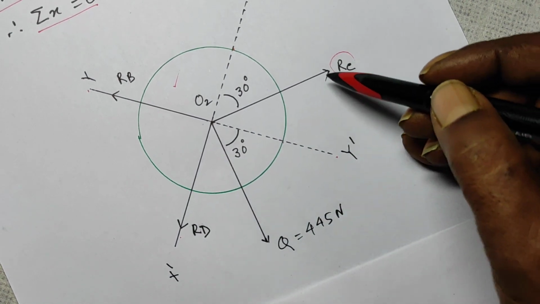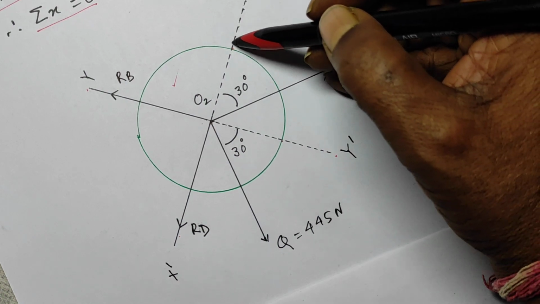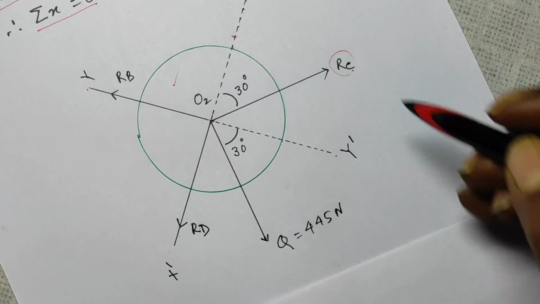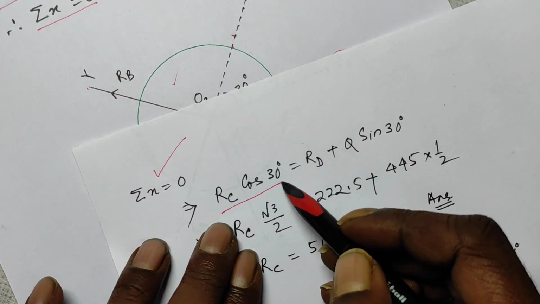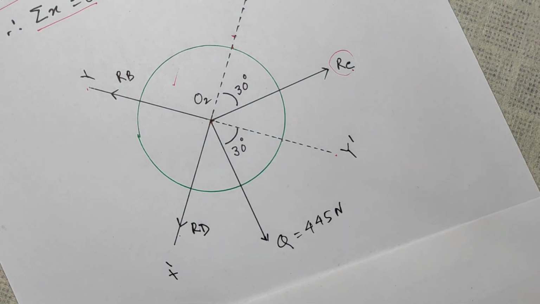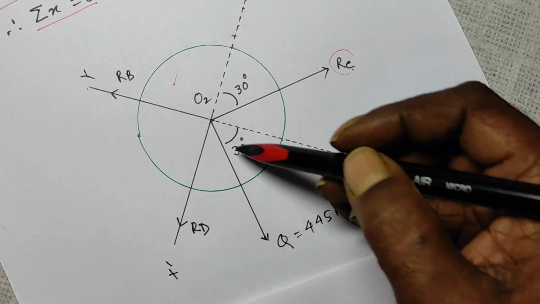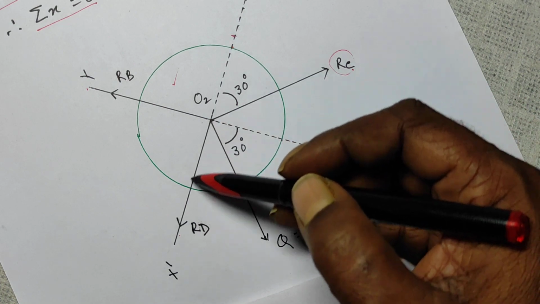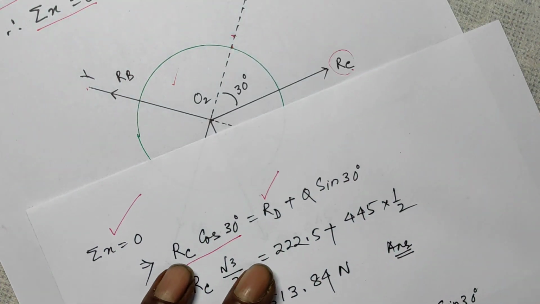If you drop a perpendicular like this, from here to here will be your RC cos 30. And opposite to that is RD.